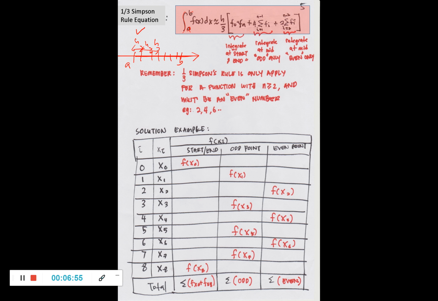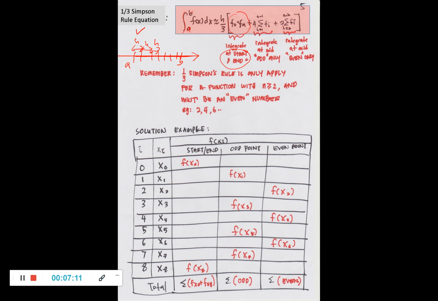Okay, so the formula of integration of f(x) dx is h over 3 [f naught plus fn]. This is integration of you punya point at start and end point.